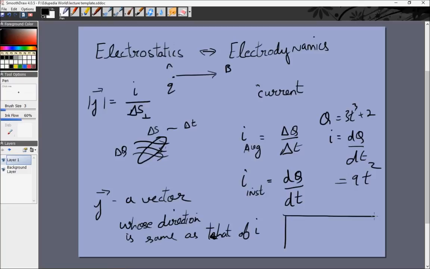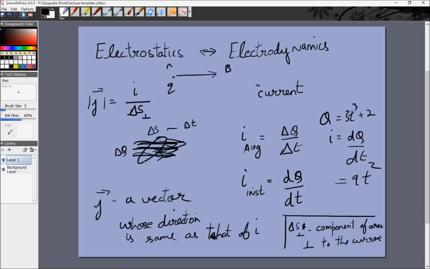Now what is delta S perpendicular? It is the component of area perpendicular to the current. So let's say the current is flowing in this direction and this delta S is the area.